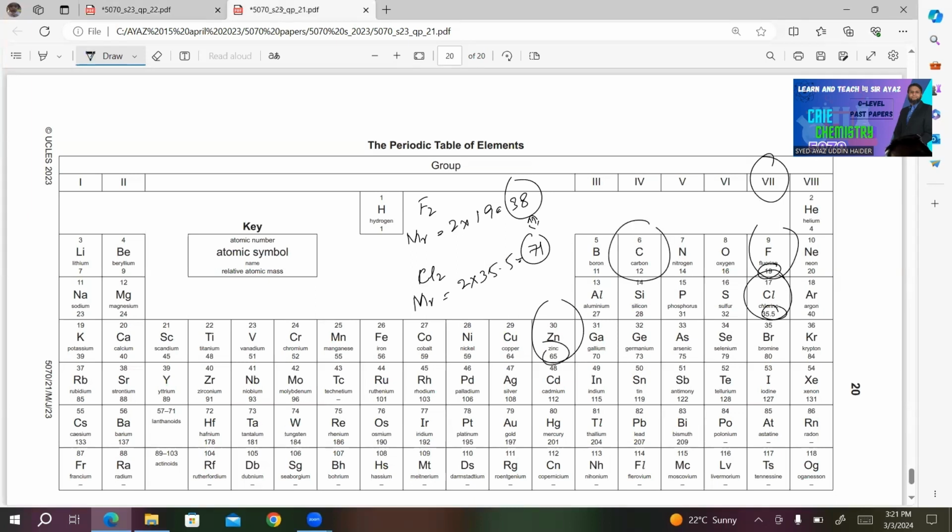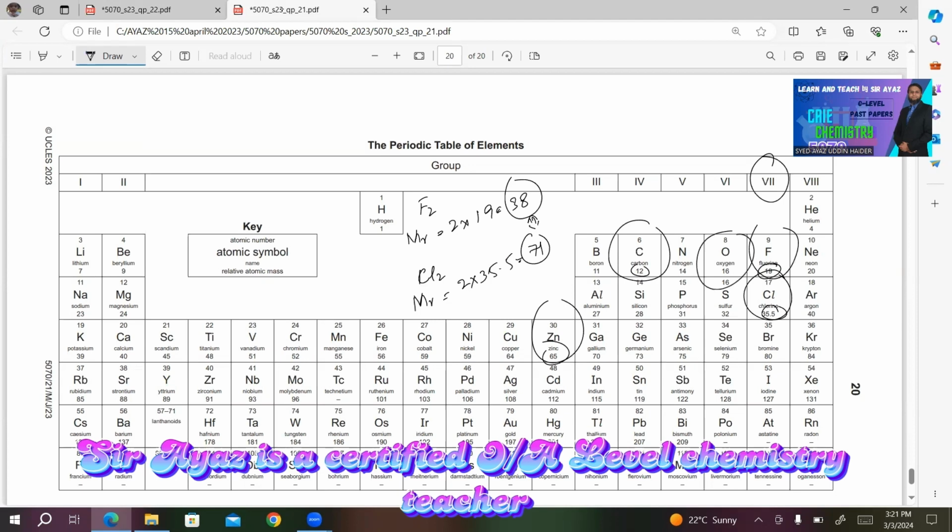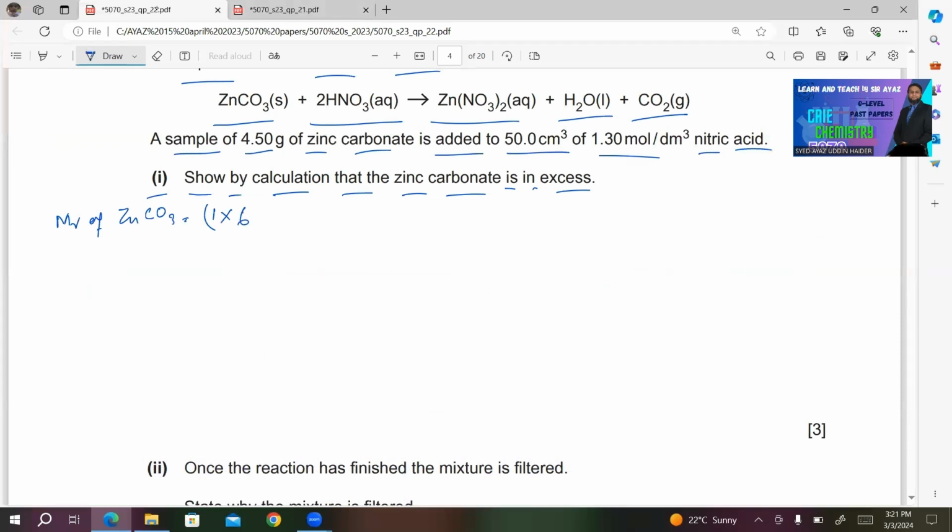Carbon, we have one carbon atom. Its mass number is 12. What about oxygen? Oxygen is group 6. Mass is 16. So 1 multiplied by 65 plus 1 multiplied by 12 plus we have 3 atoms of oxygen.